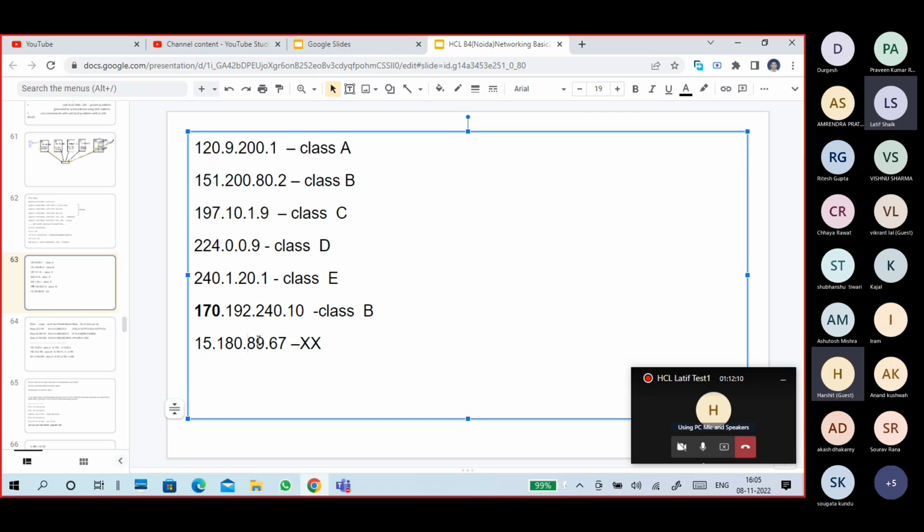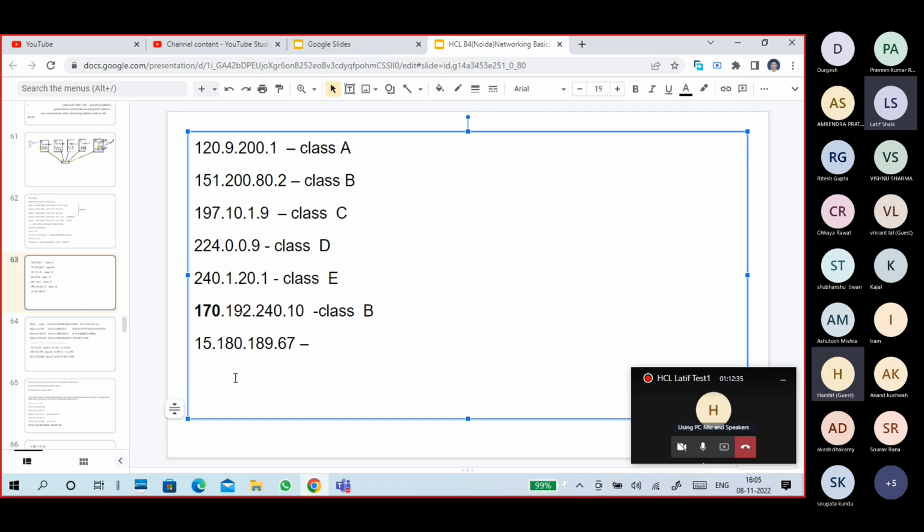For example, it is like this. Now it is valid. This was invalid, and this became valid.